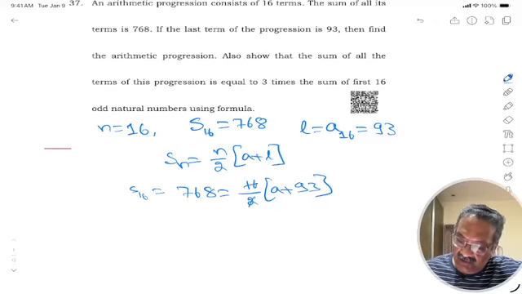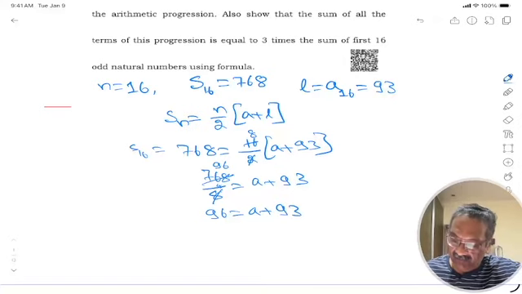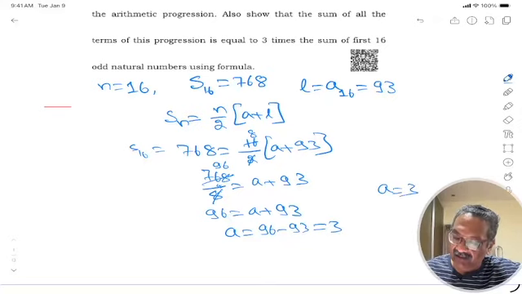So 768 divided by 8 is equal to A plus 93. 8 9s are 72. 96 is equal to A plus 93. Therefore, A is equal to 96 minus 93 is equal to 3. We got A as 3.